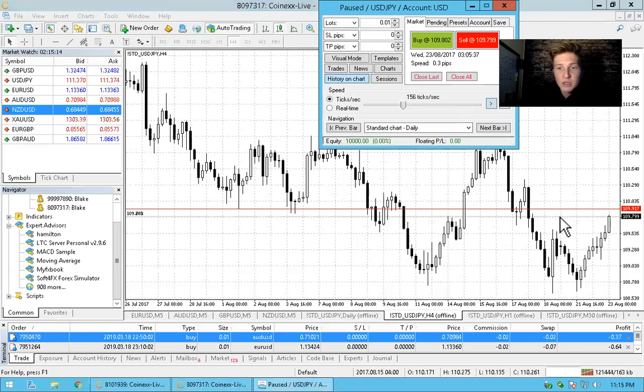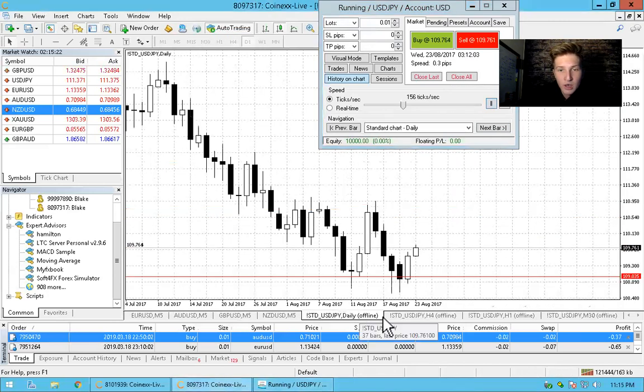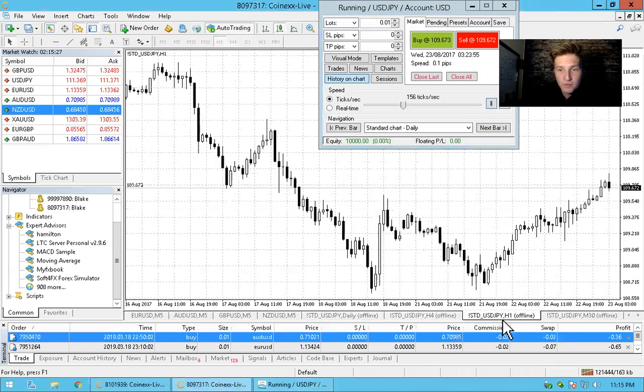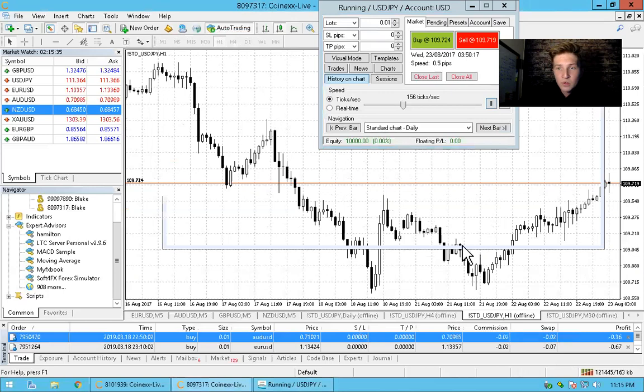Or if it rejects this and then closes back up in that zone, I take a buy. Okay, that is how I love to trade. I found it very, very profitable and very, very easy to catch, which I think is the most important thing.